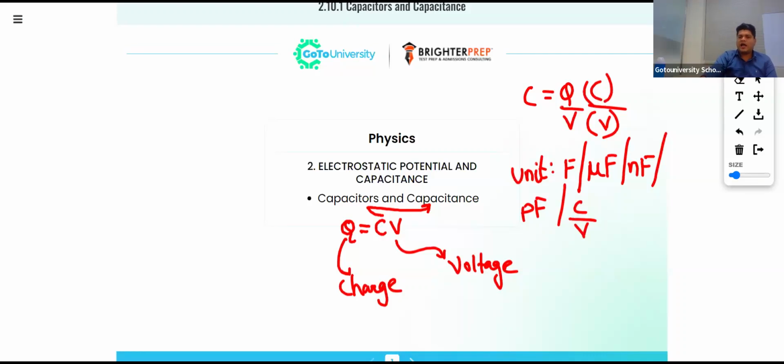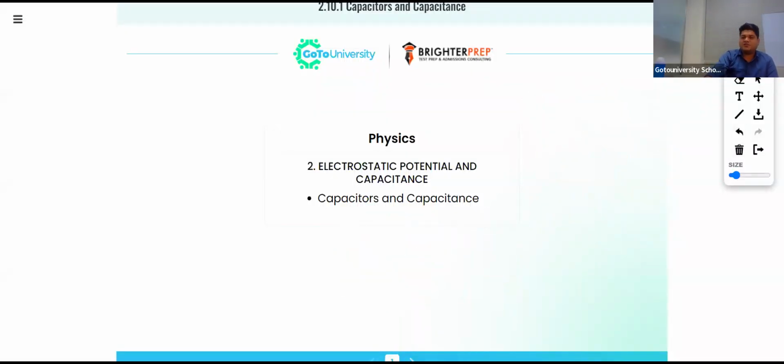Once more, I'll give you the formula for C, and I'll give you the unit. Then we'll see what is there in our notes. So what we have is Q equals CV. What is Q? Charge.